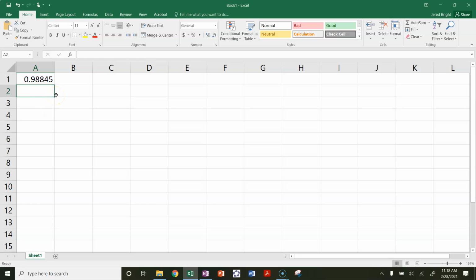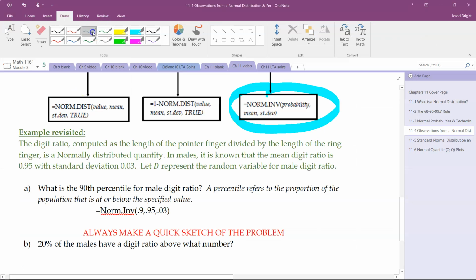Now remember that we can't change this into a percent. This is a digit ratio. So let's capture that result. That value of d was 0.98845. So again, we could fill it in as the probability that the random variable is less than 0.98845 is equal to 0.9.